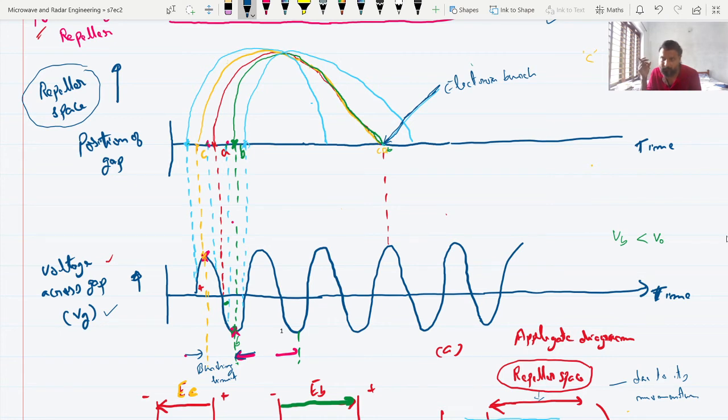The microwave oscillation is set up in the reflex klystron, and the RF power produced can be taken out from the cavity through a coupling loop, as indicated in the figure. So this is the mechanism of oscillation of the cavity reflex klystron oscillator.